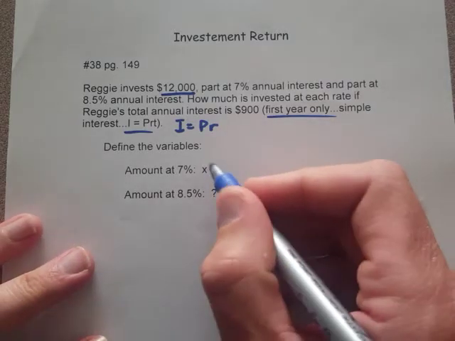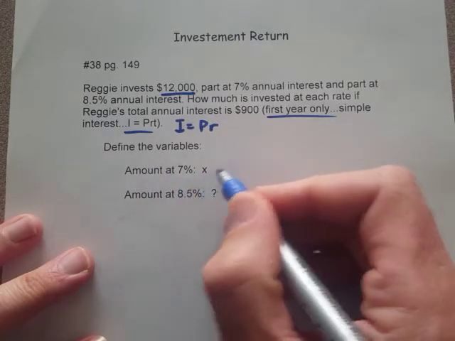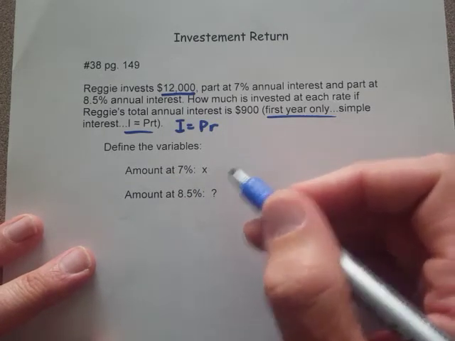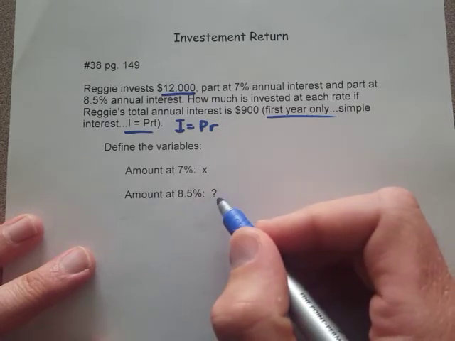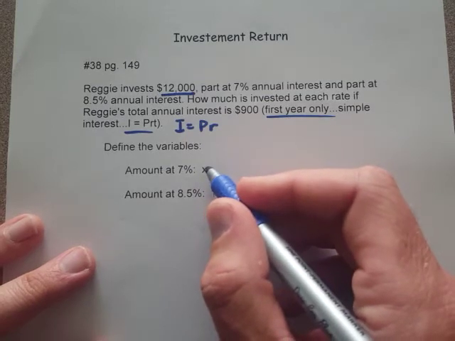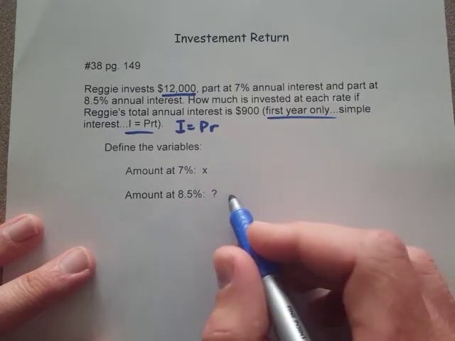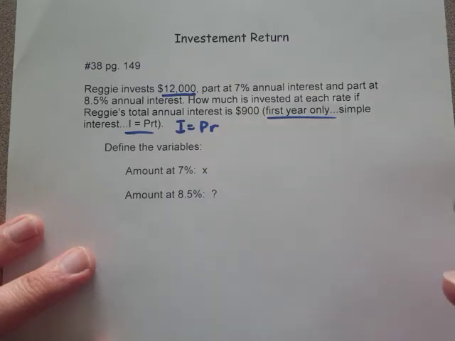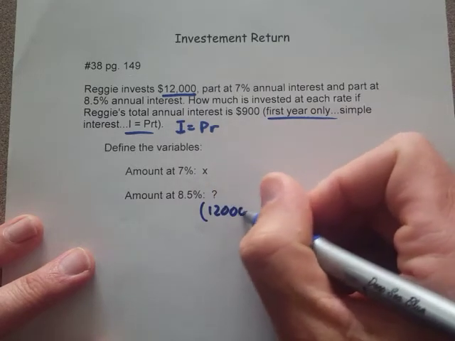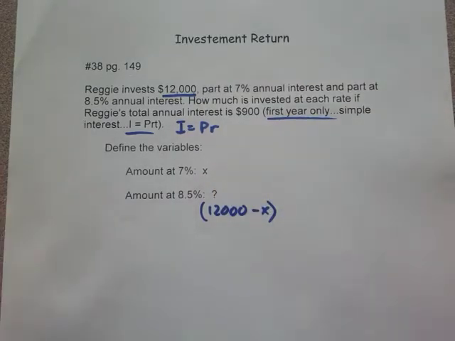So if we know how much he invests at 7%, like let's say he invests $2,000 at 7%, that would mean that he's got $10,000 left to invest at the 8.5%. So whatever he invests here, we subtract that from 12,000 to get the amount that he invests here. So in order to do that in terms of a variable, we define this as 12,000 minus x. That way, the two add together to be 12,000, and the equation really balances out for us. It just works out better that way.